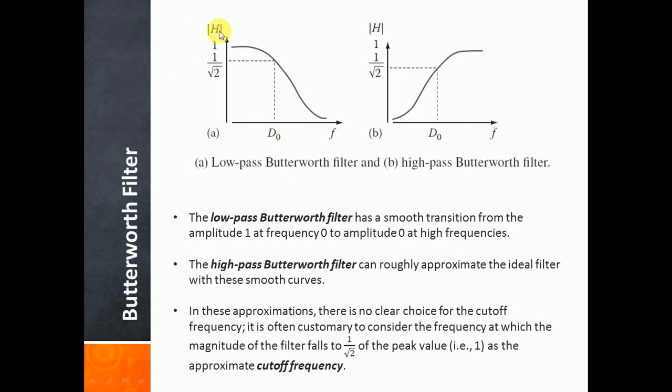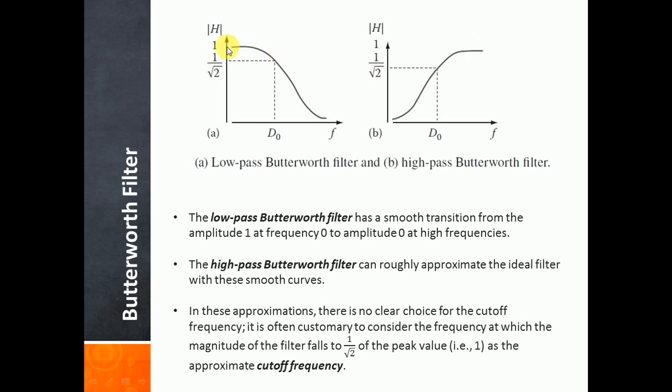So Butterworth filters look like this. They are maximally flat in the allowed zone and minimally zero in the zone which is cut off. So this is a low pass. You can see in the allowed area they're maximally flat, and this is a high pass filter. In the allowed area they try their level best to achieve 1.